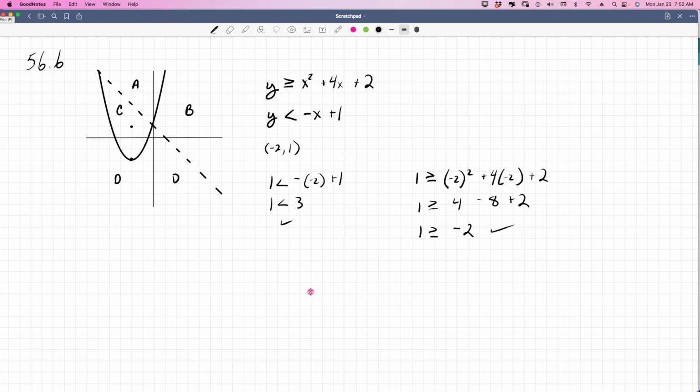So both of those equations just verify what my hypothesis was, which is that area C is the area. Let me make this a little bit smaller, and I'm just going to select that area.